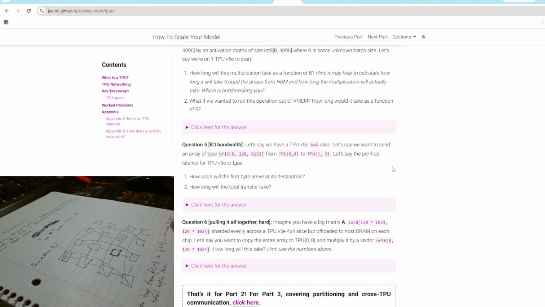Thus, oh, interesting. So it's different between how long the first byte takes to arrive at the destination and how long the total transfer takes. So per hop latency is 1 microsecond. I need to think about this for a little bit.